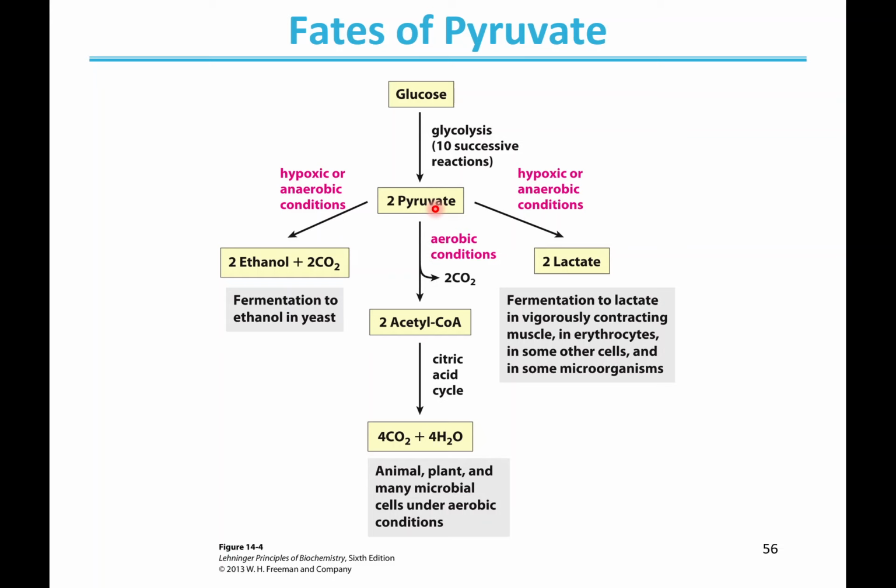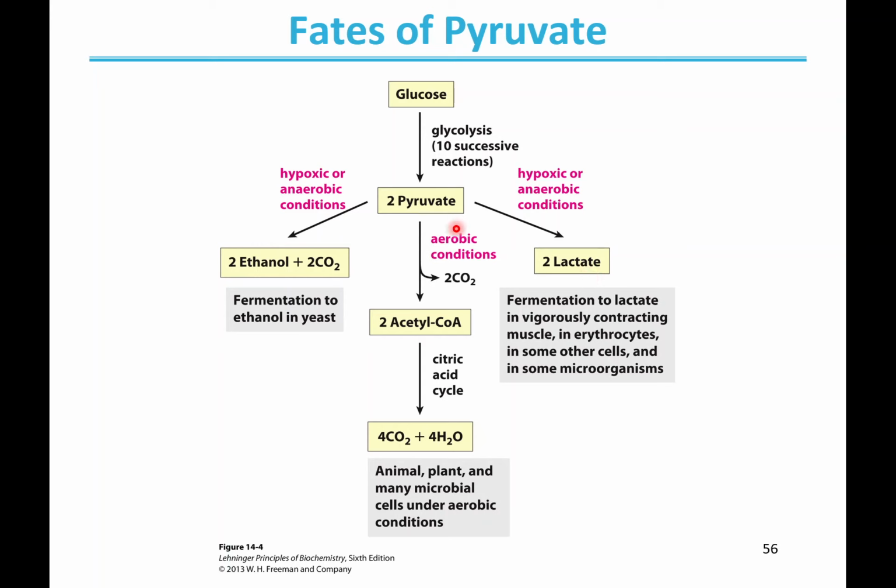If you have anaerobic conditions, then that pyruvate can go to make either ethanol or lactic acid, depending on whether you're a yeast or something like a muscle cell in an animal. The process that produces those under anaerobic conditions is known as fermentation. We'll be talking about that next lecture.